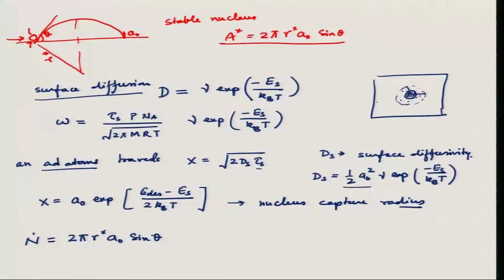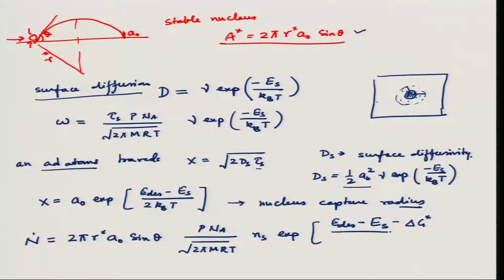This is my area, this is my omega, and then p a over root 2 pi m r t, and tau s I can write in terms of energy, or n s times exp of energy of desorption minus energy of surface diffusion minus delta G star divided by kb t.